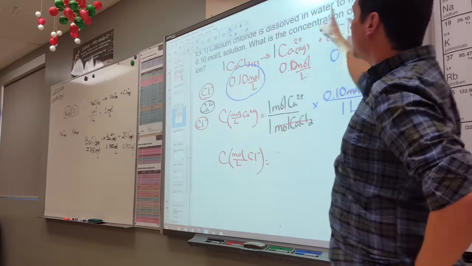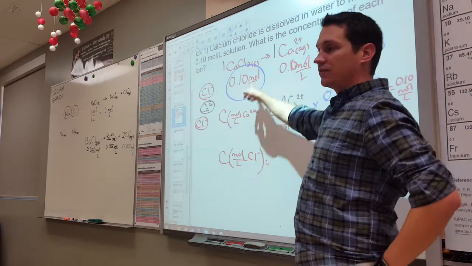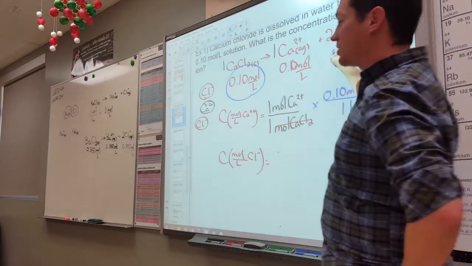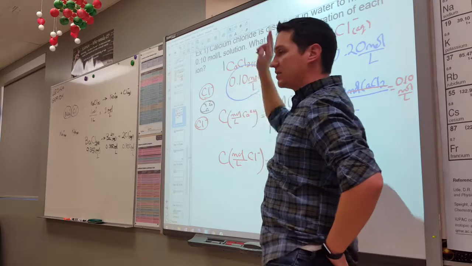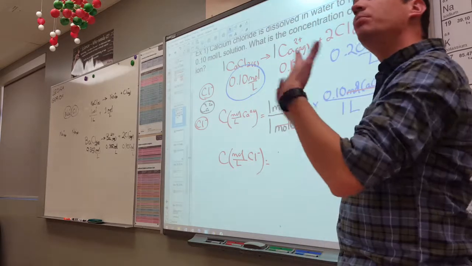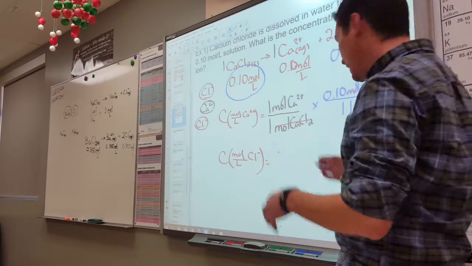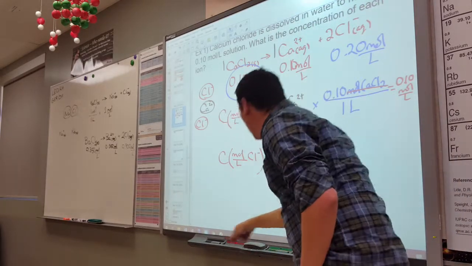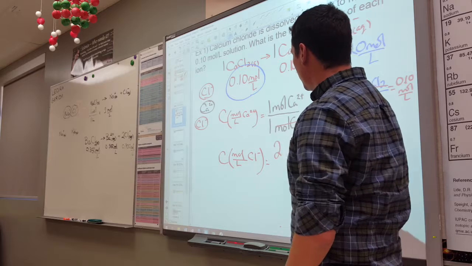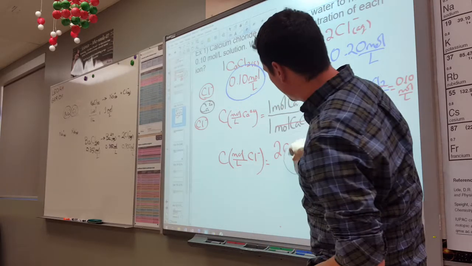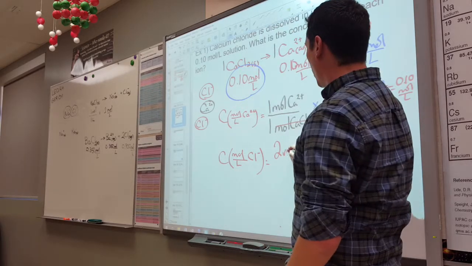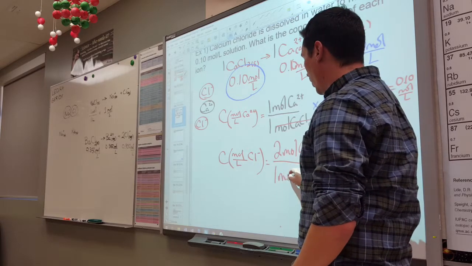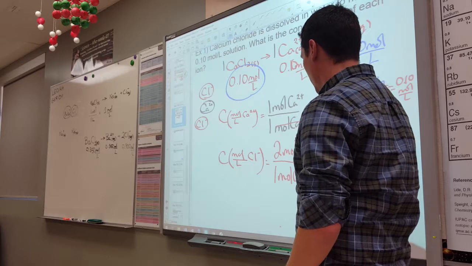Do you see anything in here that has to do with moles of chloride? 2 chlorides for every 1 calcium chloride. That's the molar ratio, and we're going to need that idea of the molar ratio quite a bit here. So we have 2 moles of chloride for every 1 mole of calcium chloride.